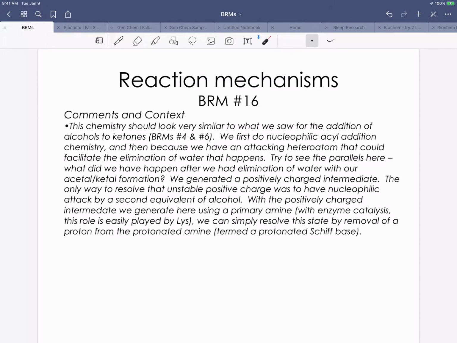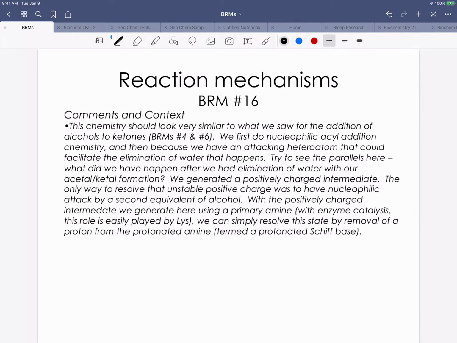We're going to see a lot of this similar chemistry with enzyme catalysis, where we're going to have that role of the primary amine played by lysine. Again, resolving that positively charged intermediate happens by just simply deprotonating that protonated imine.